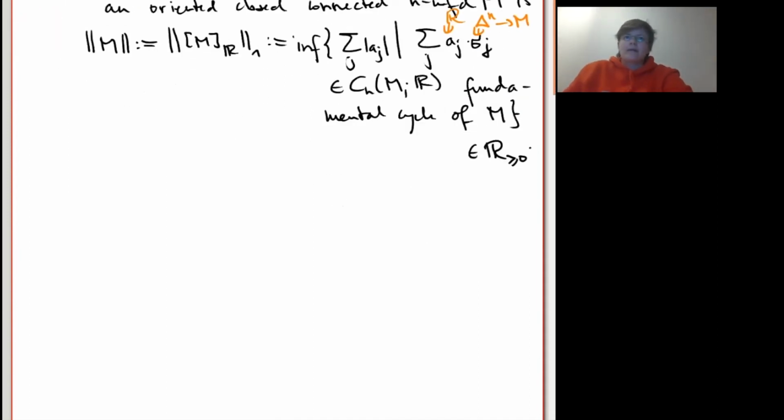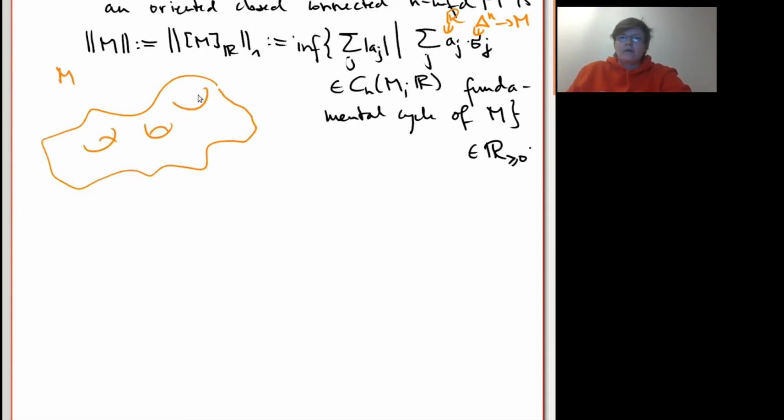So let me just draw one picture and explain it a little bit. So we have our manifold, okay. And now let's think about the good case. And the good case is that this manifold even admits a triangulation. Okay, so then I can have my triangulation. And this triangulation will give a fundamental cycle.